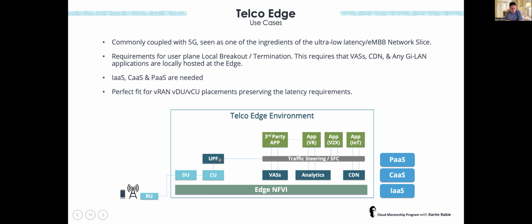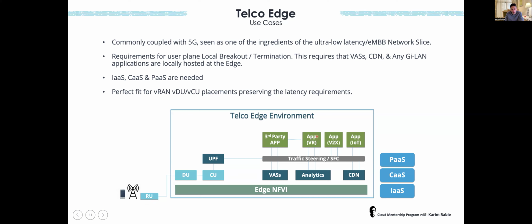Usually, if the user is pursuing a certain service, for example, let's say that the user is enjoying a certain application that is based on virtual reality, the uplink will be from the UE to the antenna, RU, DU, CU, UPF, and then to the application.